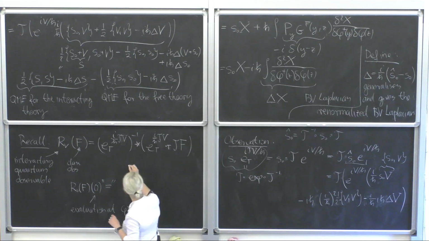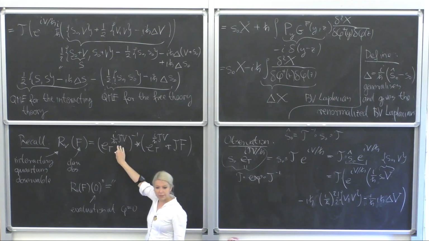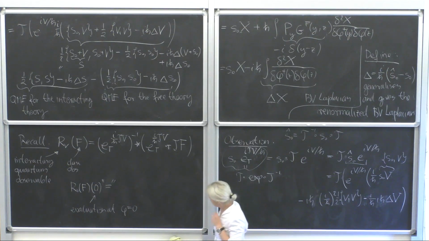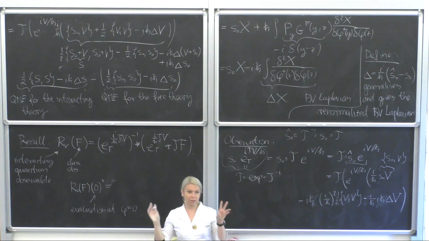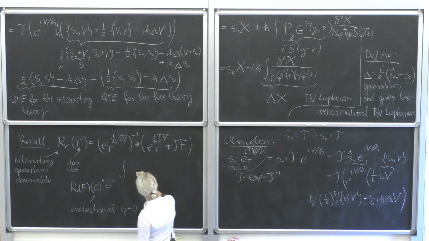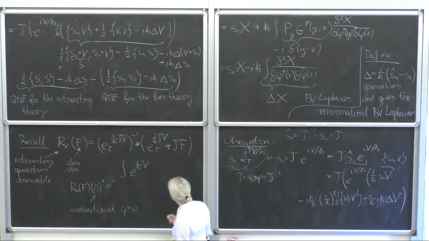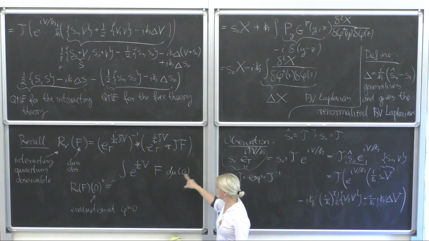So you could put that on top and divide it by that. And you might recall from the previous lecture that the T map is actually, morally speaking, the path integration. So what is this? This would be the path integration of i over h bar V times F. And here I'm integrating with a Gaussian measure given by S0.